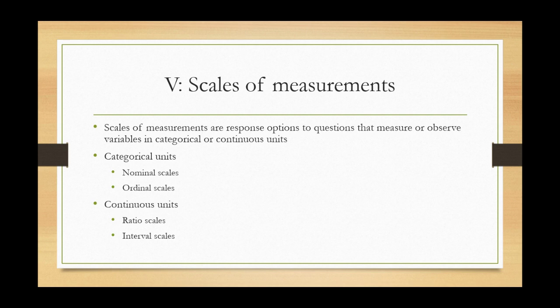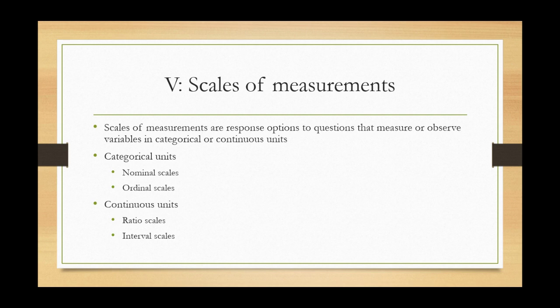So for you to do a good data analysis, you have to consider what scale of measurement you are using. We have two broad categories of units under which we have these scales. For example, under categorical units, we have nominal scales.